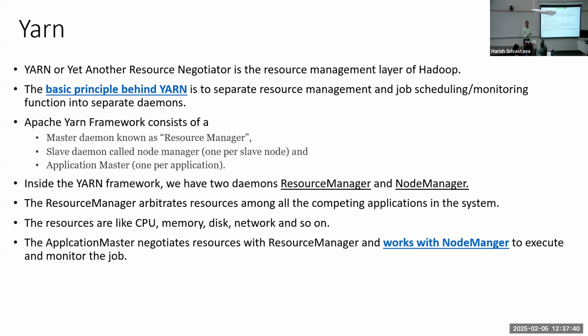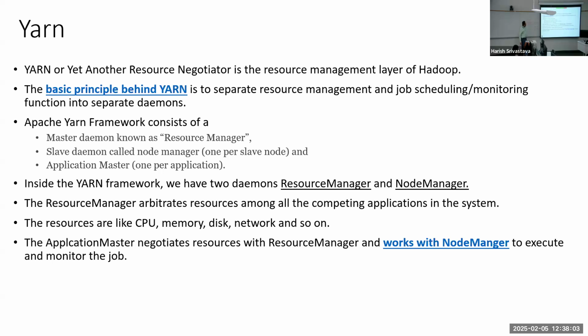When you go to Windows and open Task Manager, you see the tasks which are running and you can kill any job. Whatever you see is a process, which has a process ID. Similar to that, when YARN is set up as part of the Hadoop installation, it has three processes running: the master daemon, the slave daemon, and the application master.